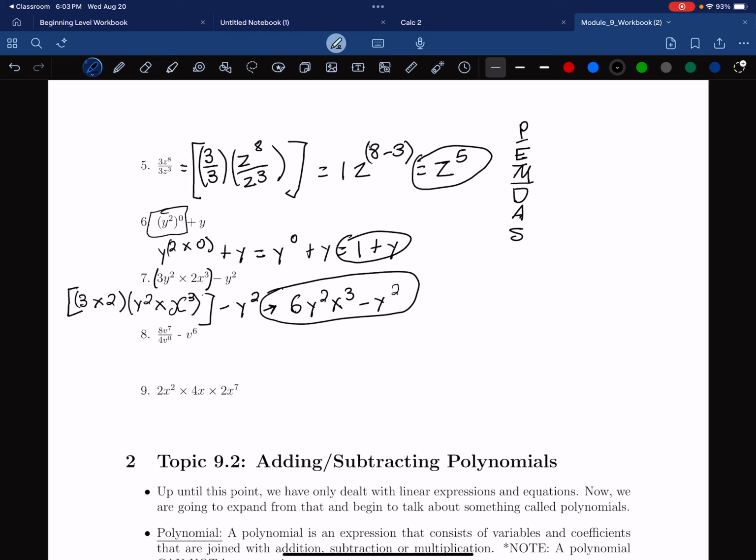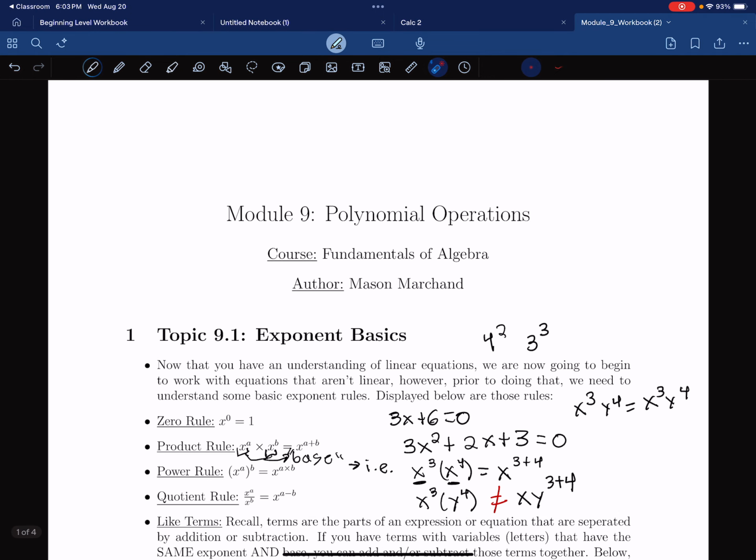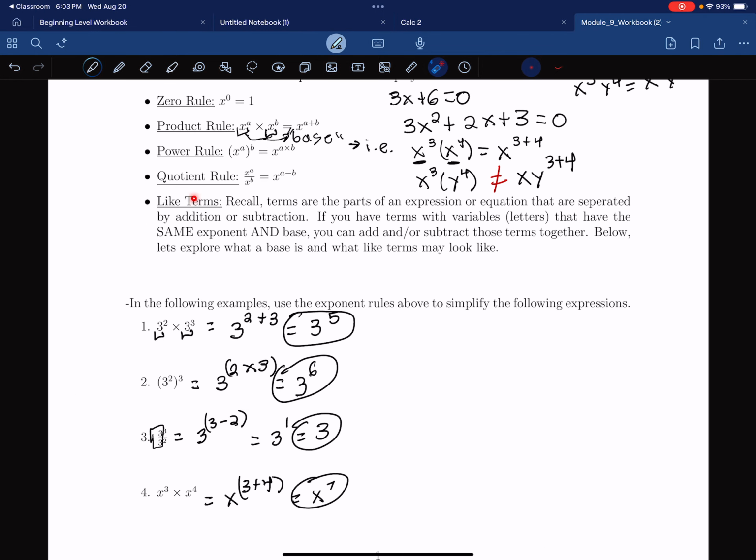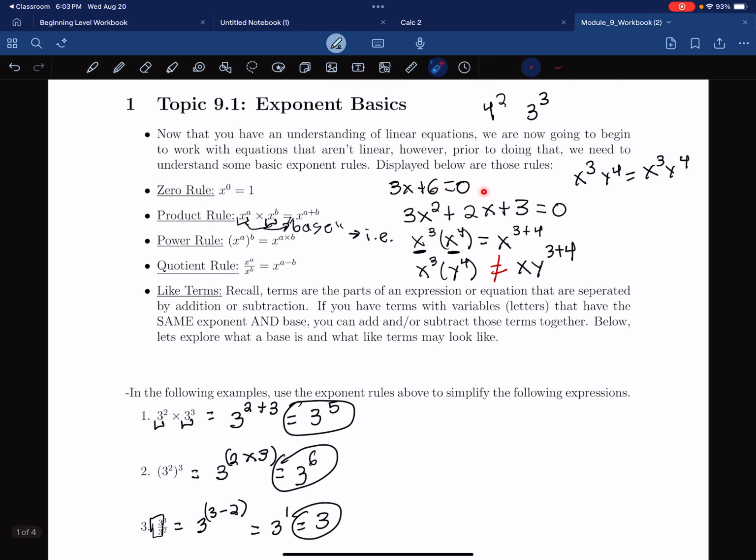The reason is because we have this idea of something called like terms. Remember when we were solving linear equations in Unit 6, like terms are the parts of an expression or equation that are separated by addition or subtraction. And if we have any terms with variables or letters that have the same exponent and base, you can add or subtract those terms together.